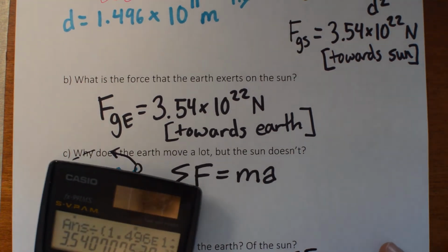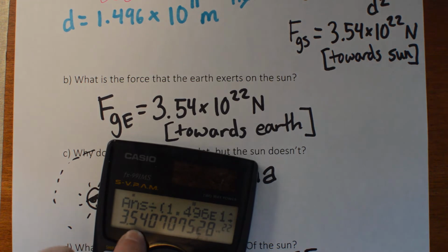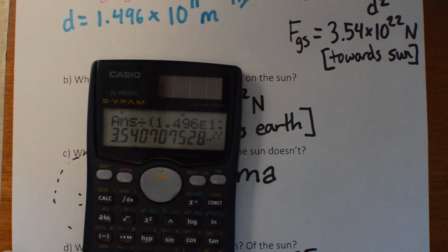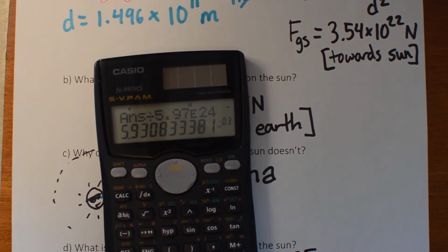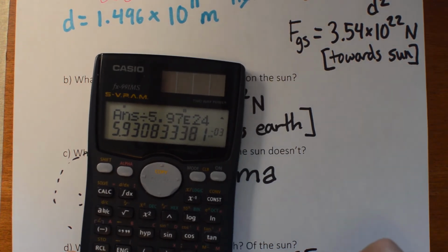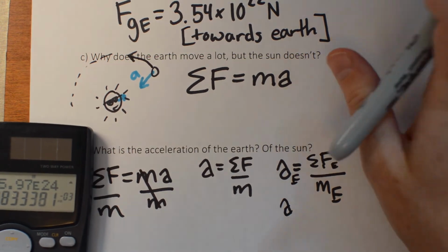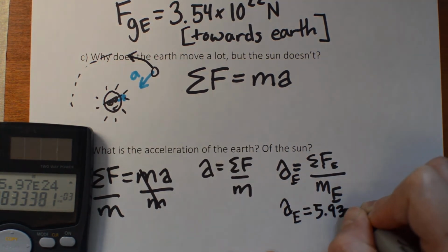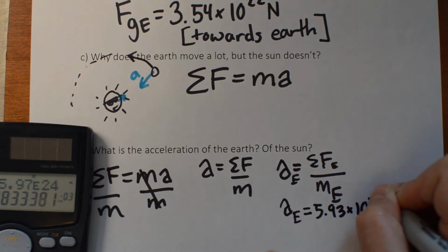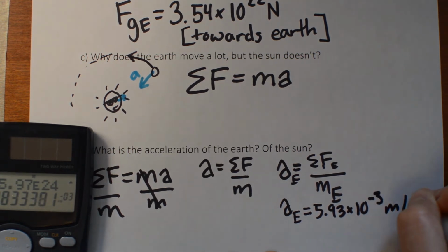The net force that the Earth felt is this 3.54 times 10 to the 22. We're going to divide by the mass of the Earth, so that's 5.97 times 10 to the 24. The acceleration of the Earth is going to be 5.93 times 10 to the negative 3 meters per second squared.